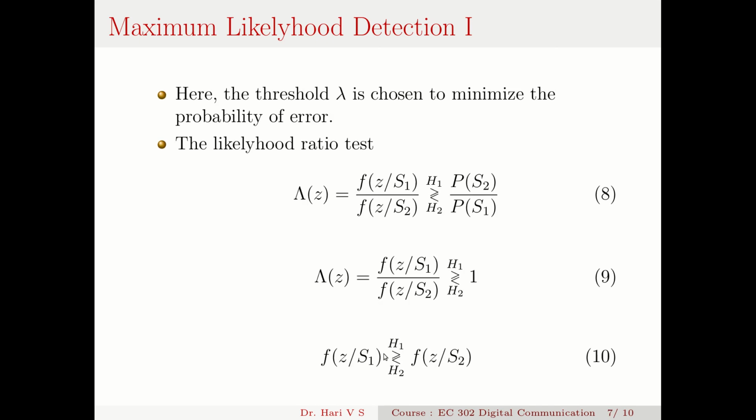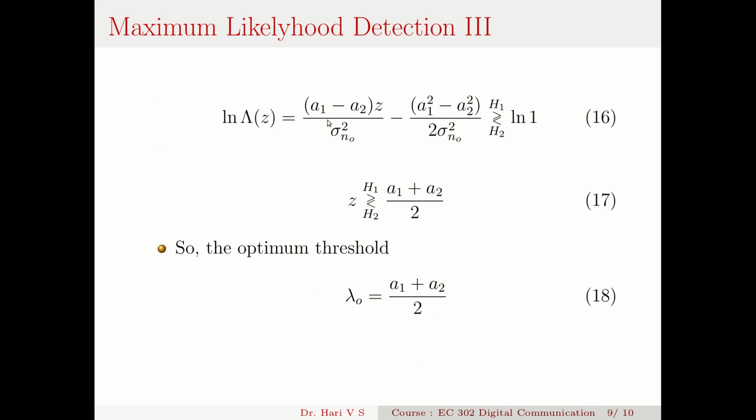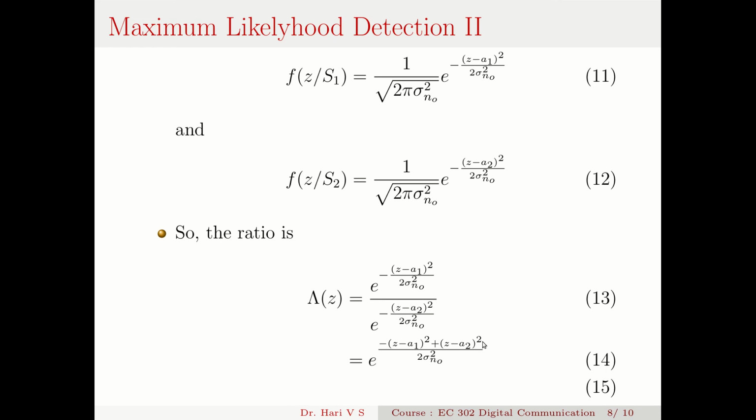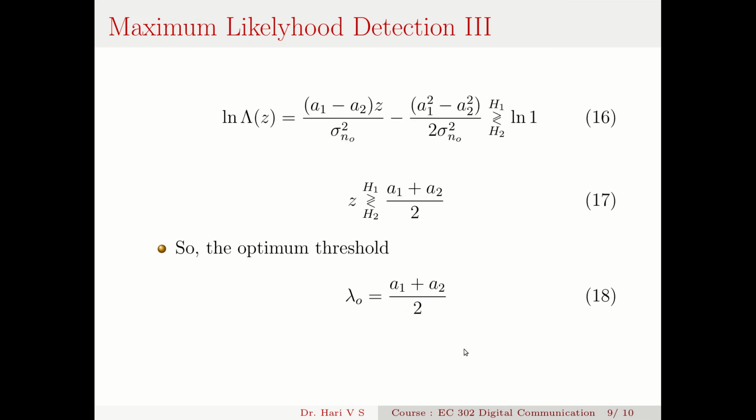So that becomes (a1 minus a2) z by sigma square, because the 2 is cancelled by this 2z. Then I have the last term, a1 square minus a2 square, divided by 2 sigma square, greater than or less than log 1. This log 1 is 0.